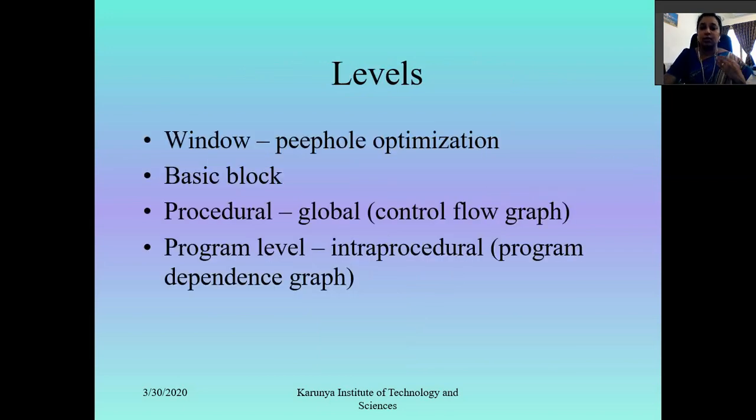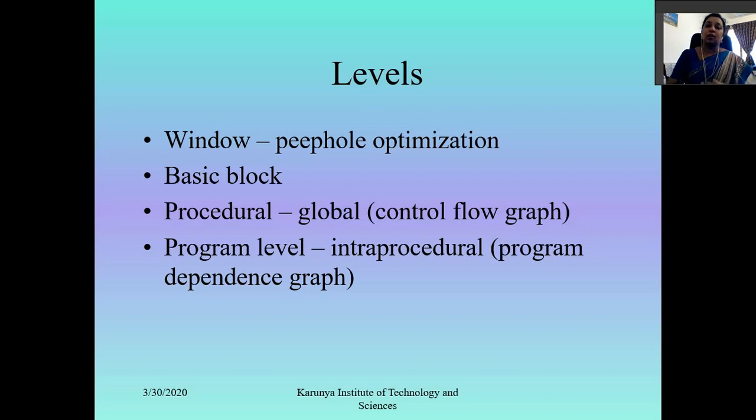Now there are various levels when you try to do code optimization. The first one is local optimization. We just select a region of the code, because the program might run for lines together. So we do an analysis on a region of the code, which we call a window, and such type of optimization we call peephole optimization.